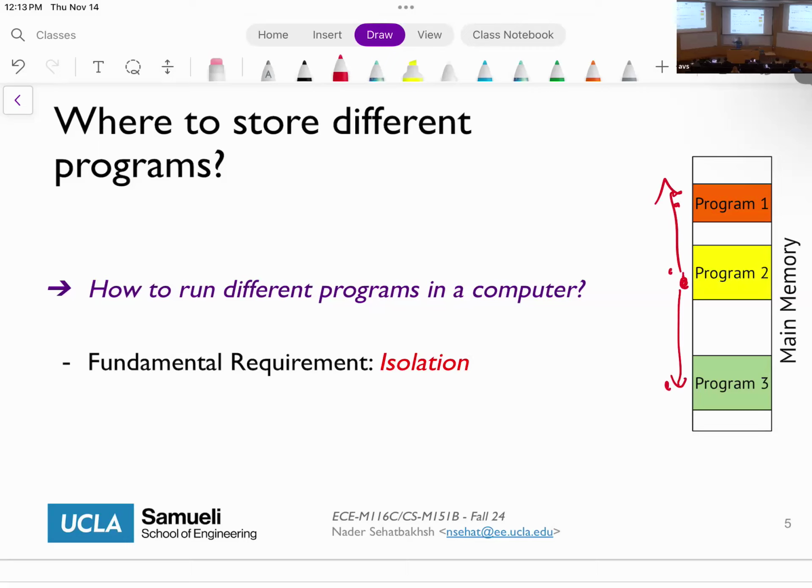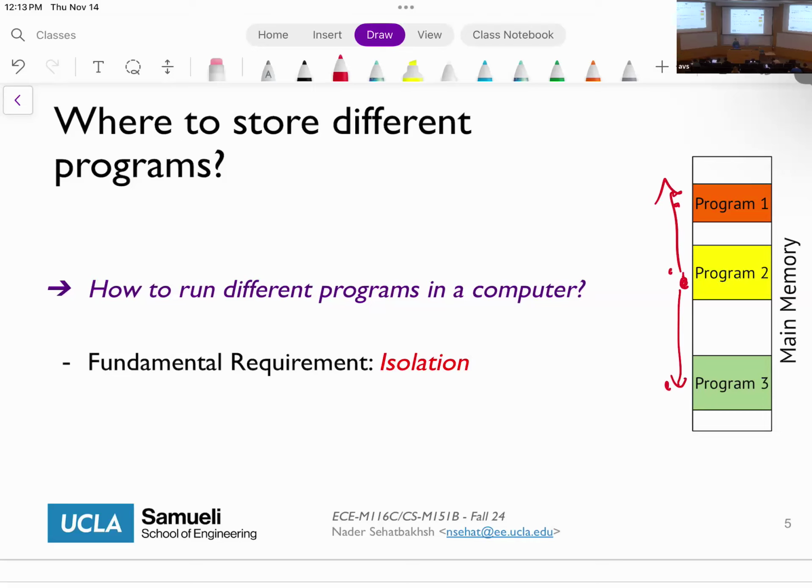This obviously comes with many concerns, including the correctness issue as well as security issues. So imagine that you open a browser and your browser can mess things up in the rest of your programs, including all your files, all your documents, and so on and so forth.